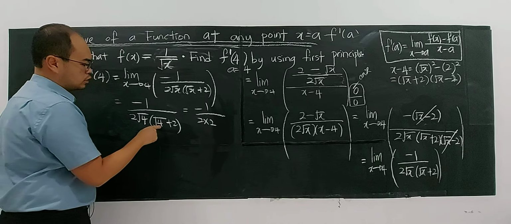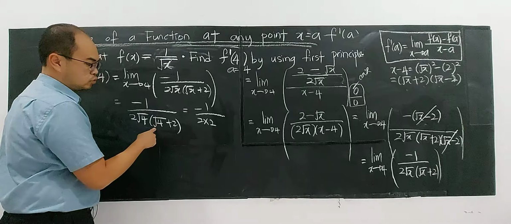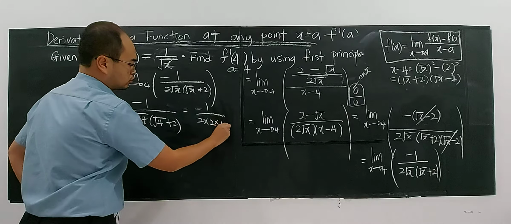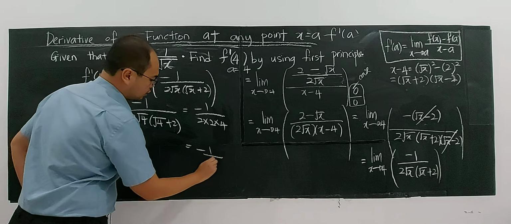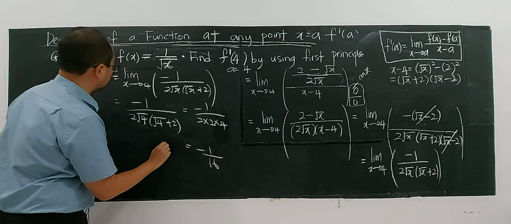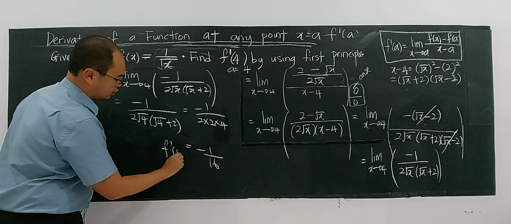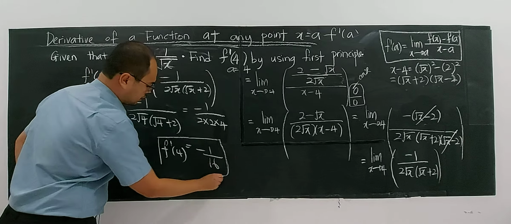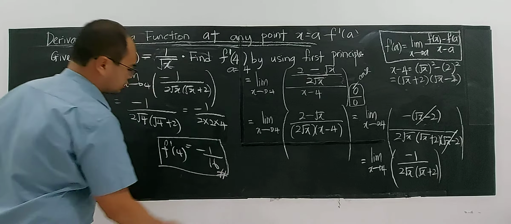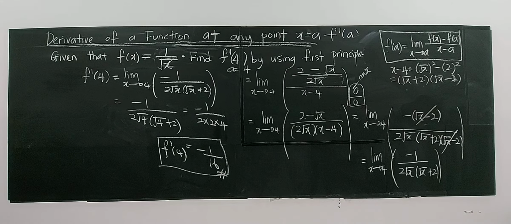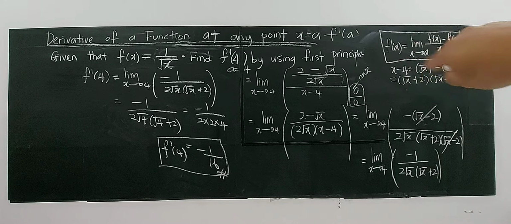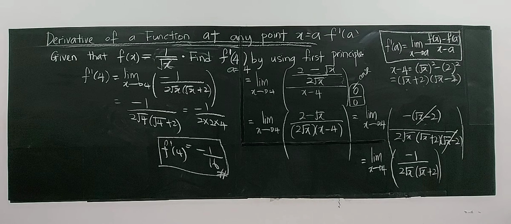Square root of 4 is 2, and 2 plus 2 is 4, so you get negative 1 over 2 times 2 times 4, which is negative 1 over 16. So the value of f prime 4 by using first principle is negative 1 over 16. I hope this question really teaches you how to apply the formula. Alright, that's all.